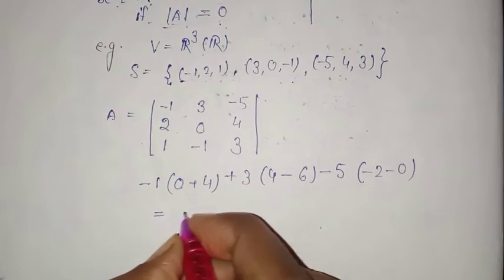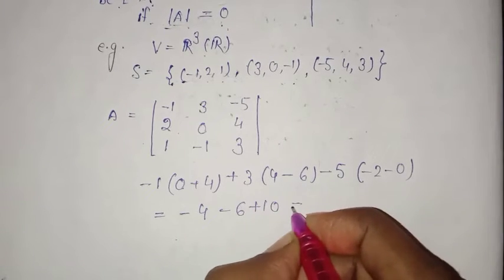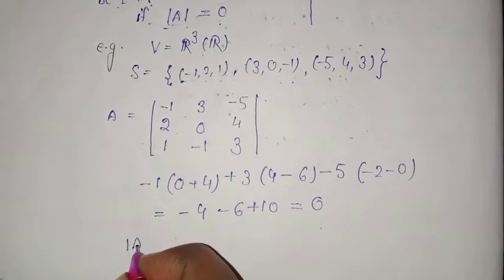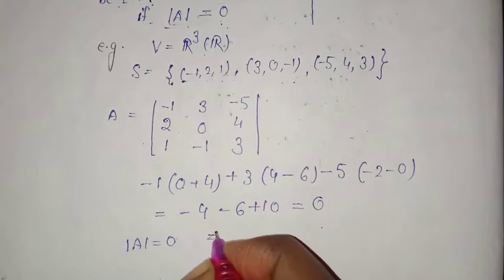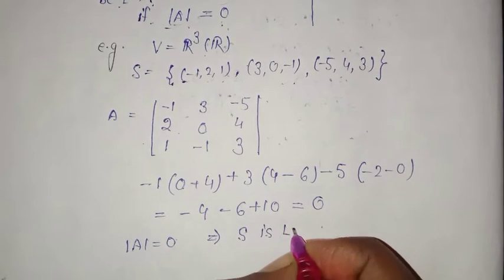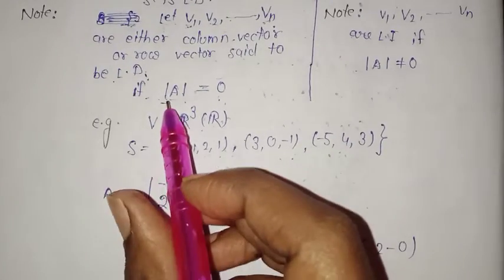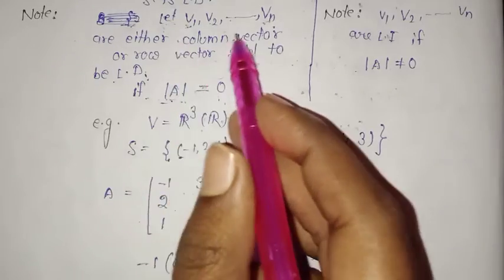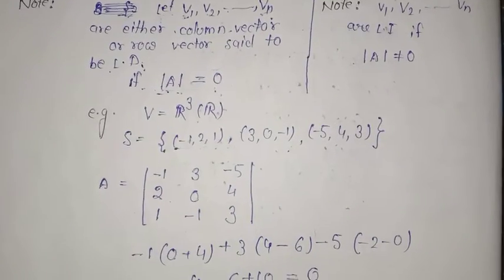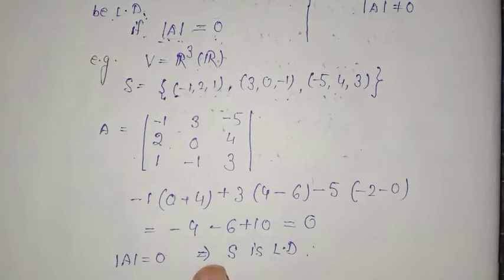After solving we get minus 4, minus 6, plus 10. The result is 0. That is, the determinant of the matrix is 0. This implies that the given set of vectors S is LD. As we have seen, if the determinant of the matrix formed by the given set of vectors is 0, then the set of vectors S is LD. That's why S is LD.